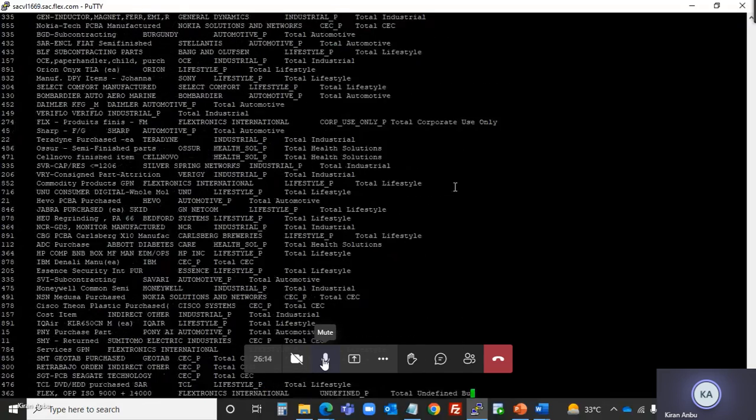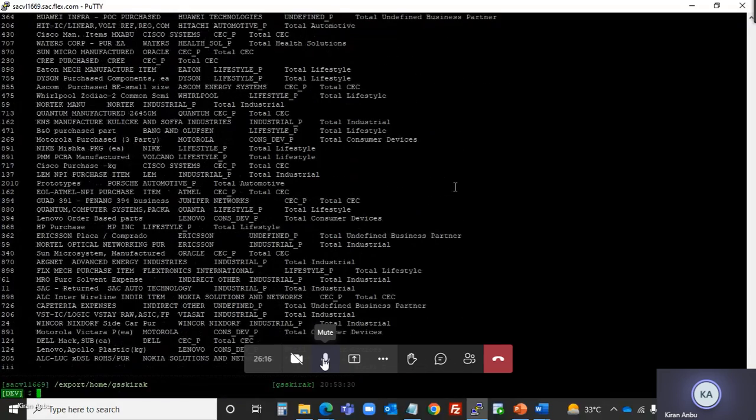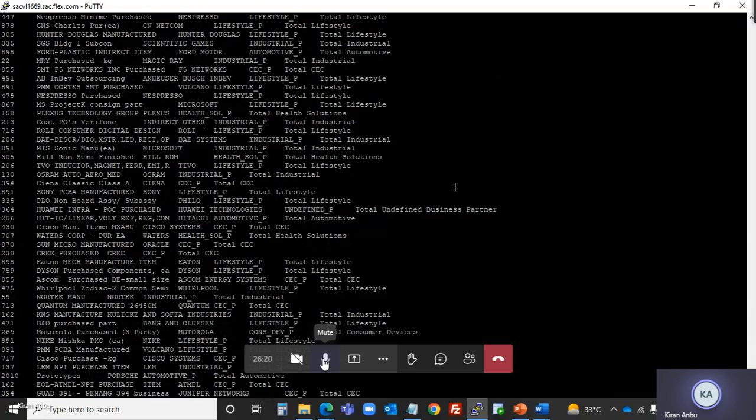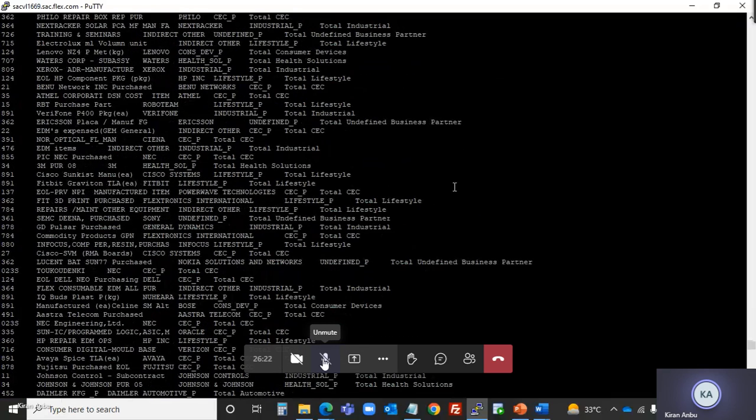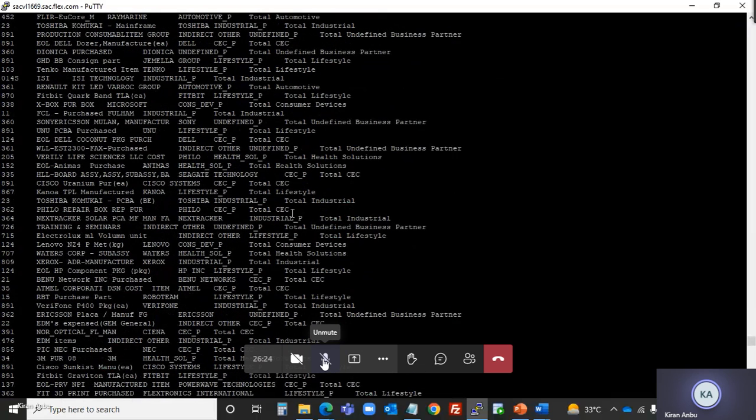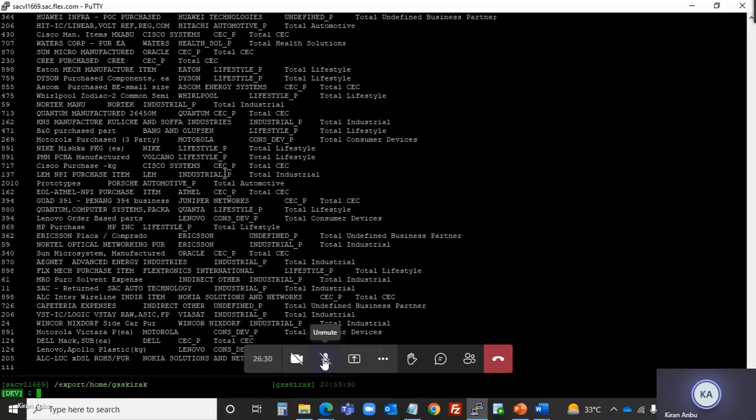Now I am interested to see the number of lines in the file. If you use cat globe.txt, this file will come, right? You can't count like this, 1 2 3 4 5 6, it will take a very long time. So we use this pipe symbol to count the number of lines.